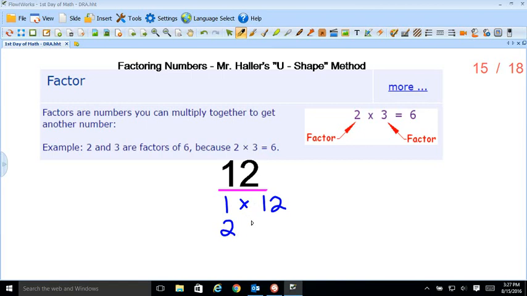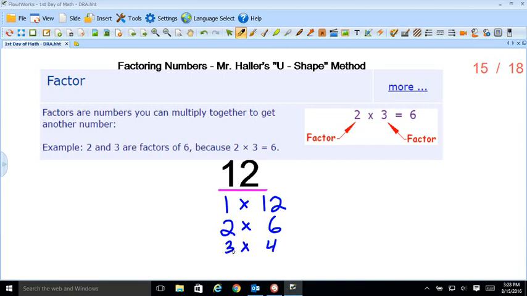So 2 times what gives me 12? And of course the answer is 6, because we know our basic facts. 2 times 6 is 12. After 2 comes the number 3. I need to decide, is 3 a factor of 12? And it is, because once again, I know my basic facts. Plus, I know the divisibility rule for 3, and I can try it. And 3 times 4 is 12.